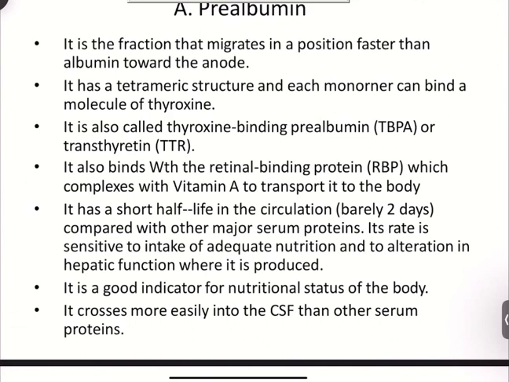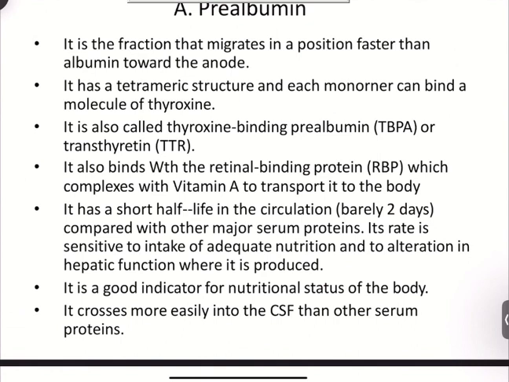Pre-albumin has about 2 days. So after about 2 days, the amount you administered will be reduced by half. For example, you give 50 milligrams of pre-albumin. After about 2 days, it will be reduced to 25. That's your half-life. Okay?